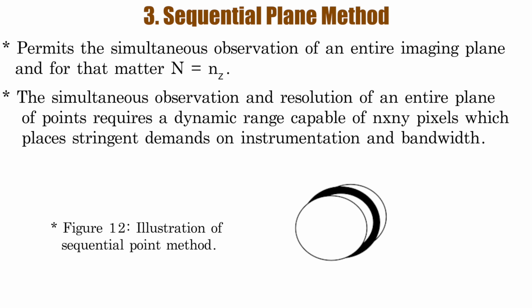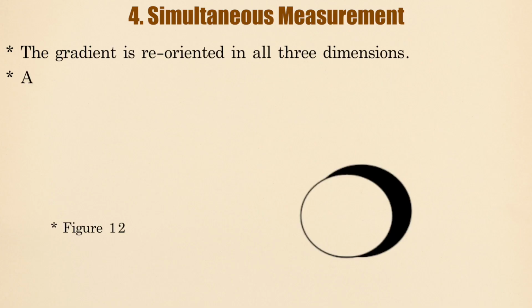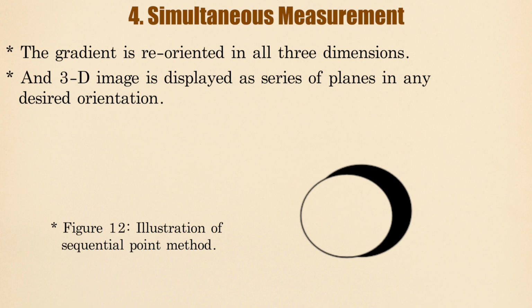Image reconstruction using this method is shown in figure 12. In the simultaneous measurement method, the gradient is reoriented in all 3 dimensions, and a 3-dimensional image is displayed as a series of planes in any desired orientation, as shown in figure 13.